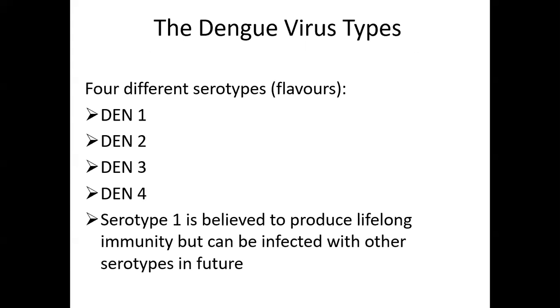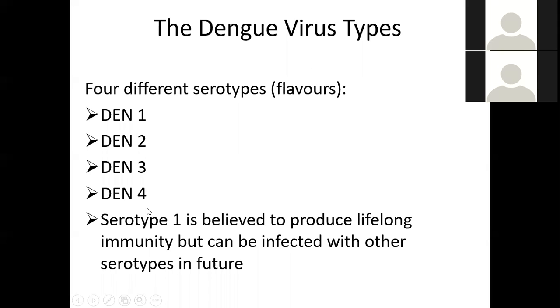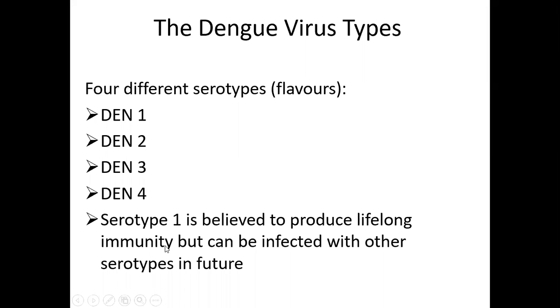The dengue virus has different types. There are 4 different serotypes, from 1 to 4: Den 1, Den 2, Den 3, and Den 4. These are the dengue virus types. Serotype 1 is believed to produce lifelong immunity, but the person can be infected with other serotypes in future.